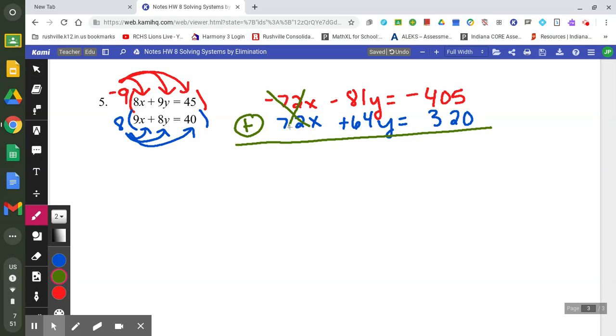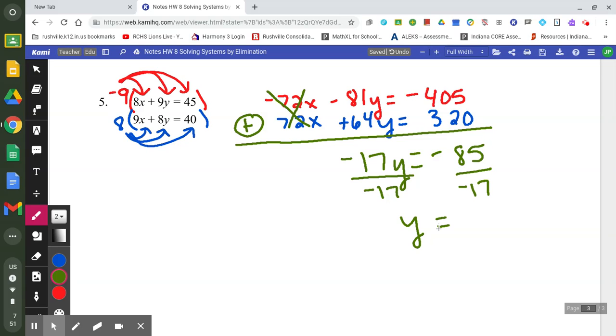So the negative 72 and the positive 72 go away. And negative 81 plus 64 gives me a negative 17y equals, and then my negative 405 plus 320 is a negative 85. Divide both sides by negative 17. Y equals positive 5.